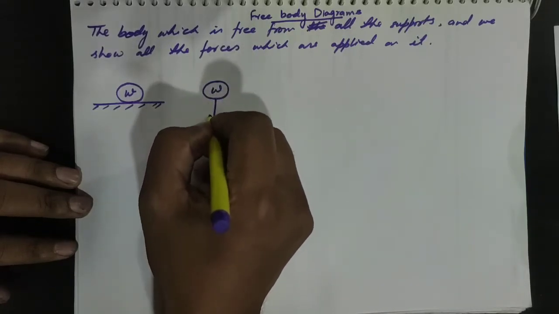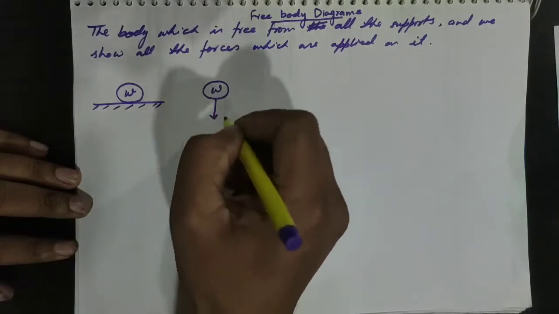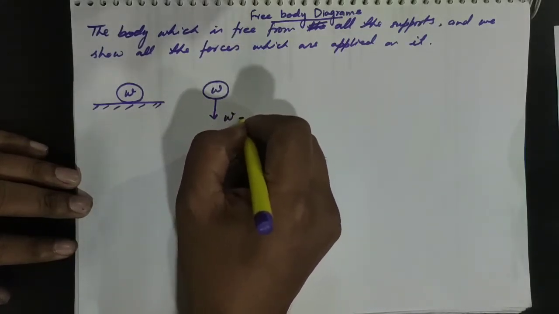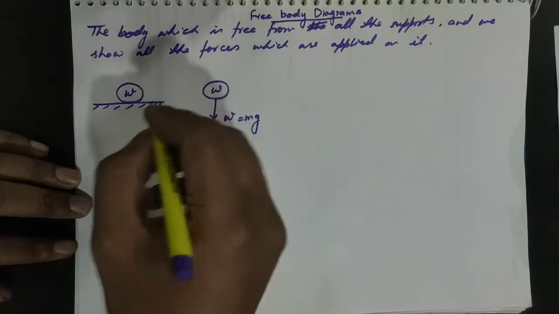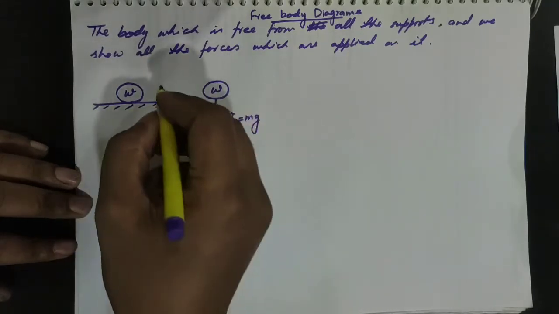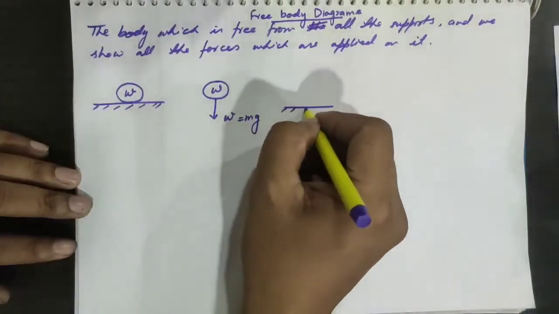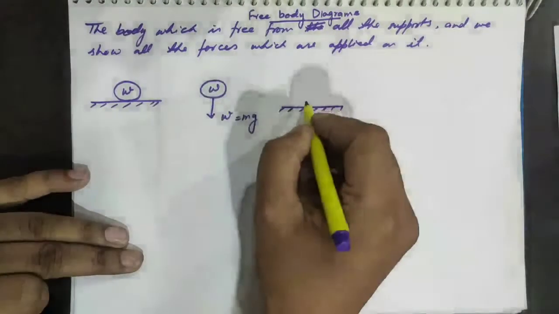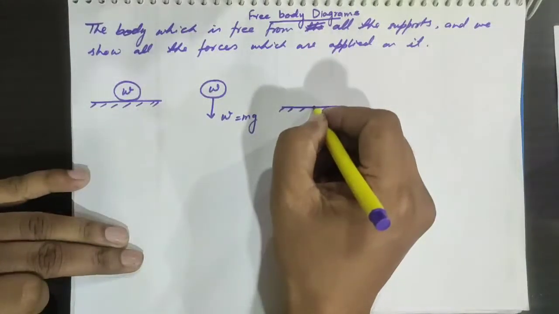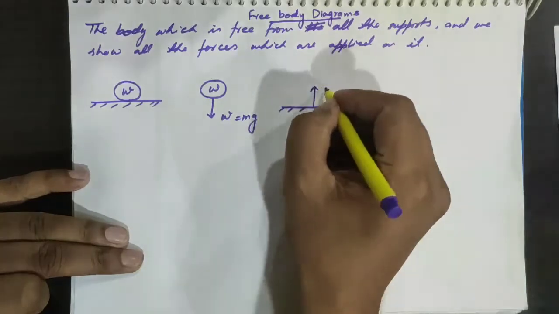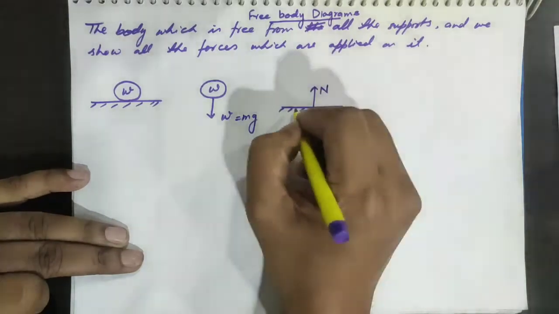The gravitational force is downward, small w, that is equal to mg, and the floor makes a reaction force on that body, perpendicular to that surface.